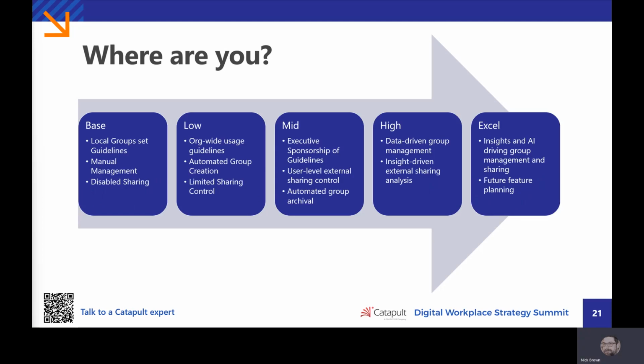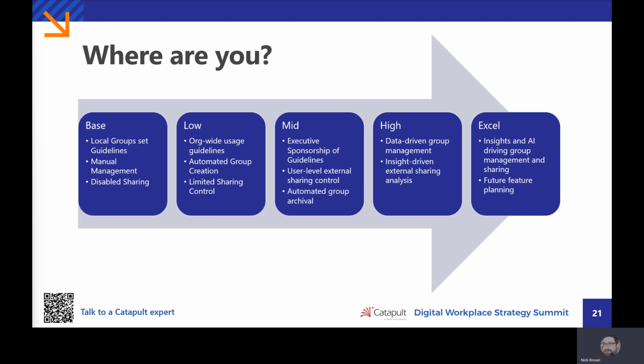So now let's do some critical thinking and review each level of the governance maturity model. At the base level, local groups set guidelines. There's manual management and disabled sharing. Moving to low, we have org-wide usage guidelines, automated group creation, and limited sharing control.